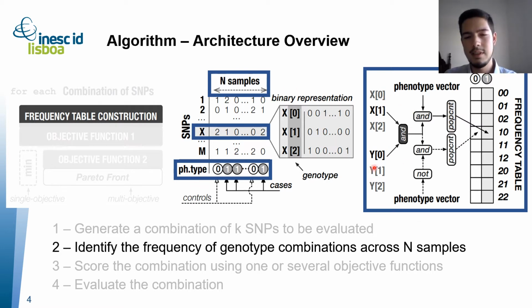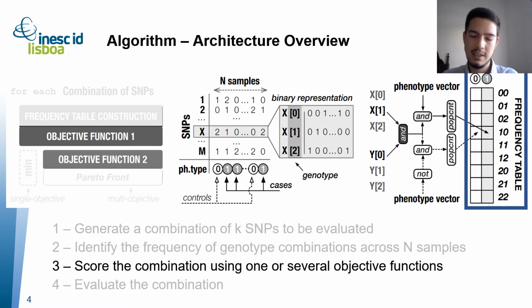And using these SNPs and the phenotype, and a series of logical operations and also population count operations, we can fill a frequency table, which will be used as a support for the computations involving the objective functions.